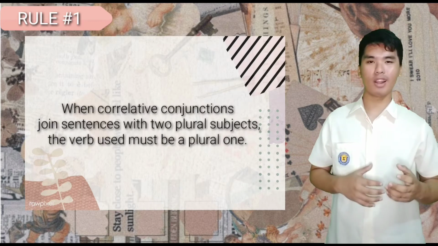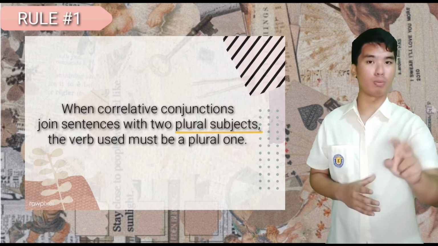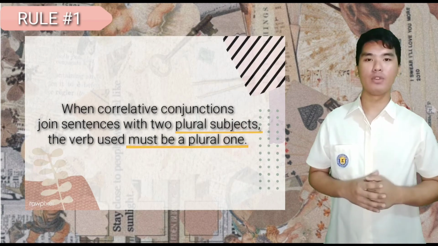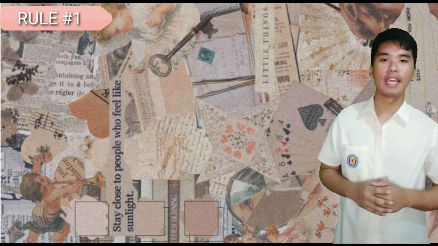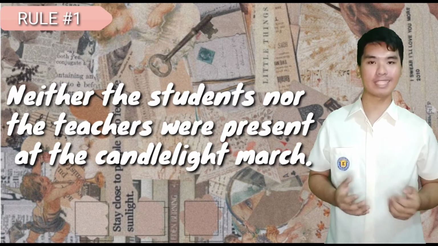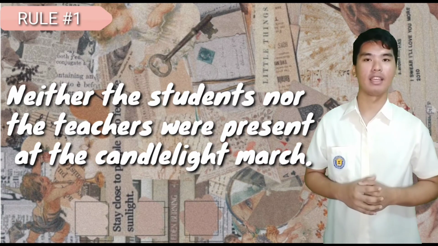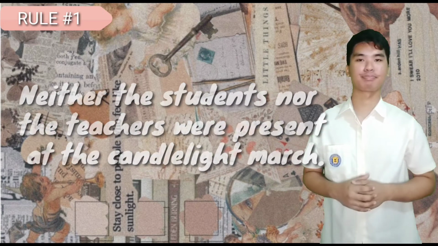In addition, when correlative conjunctions join sentences with two plural subjects, the verb used must also be a plural one. Example: neither the students nor the teachers were present at the candlelight. Students and teachers are in a plural form.